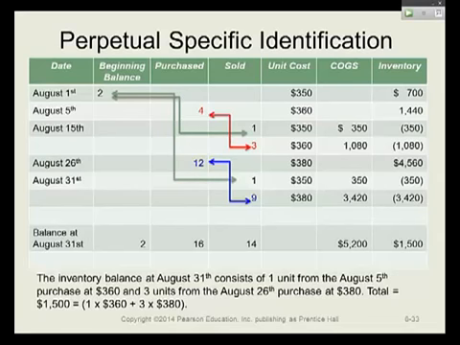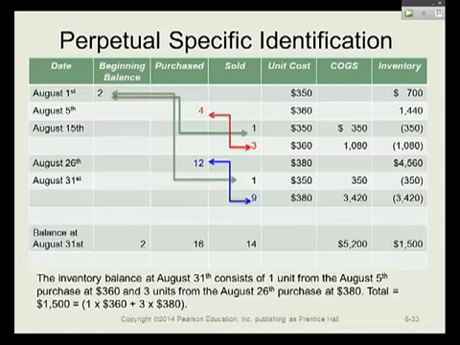Okay? All right, so the ending inventory is 1,500, and the ending inventory, let me put this back up for you, is going to come from, you're going to have 1 unit left out of this purchase. Remember, the August 5th purchase, you only sold 3 out of it, so there's 1 left at 360, and you sold 9 out of the 12, so you have 3 left at 380.